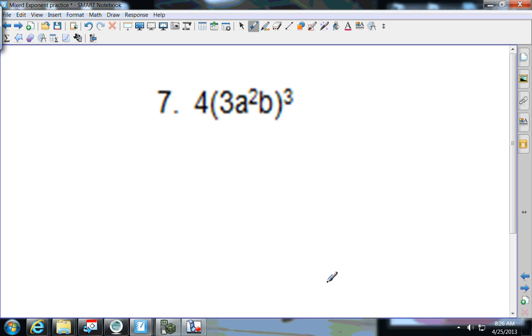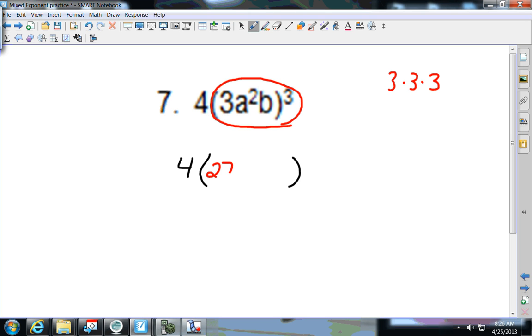Number 7. Try this one and come back and see how you do. All right, again, do the exponent part first. So I'm going to leave the 4 down here, and I'm going to write what's supposed to go inside. So I have 3 to the third power. That's 3 times 3 times 3, which we just found to be 27.